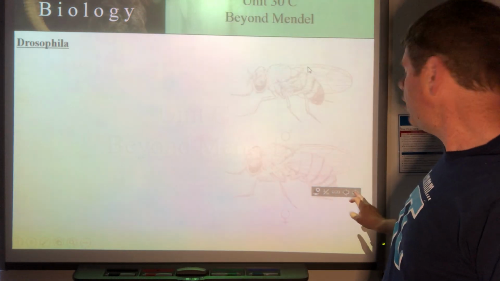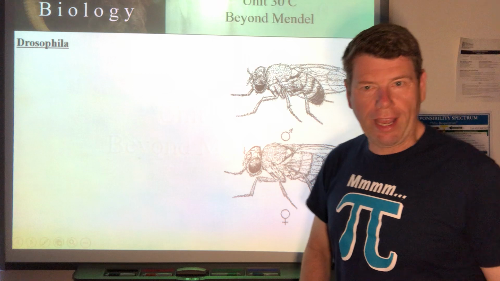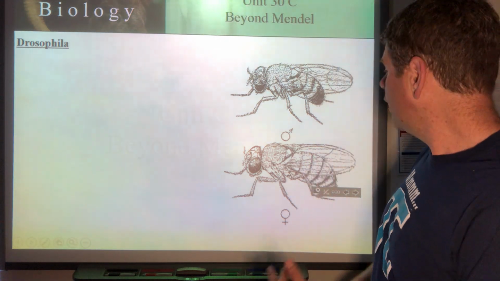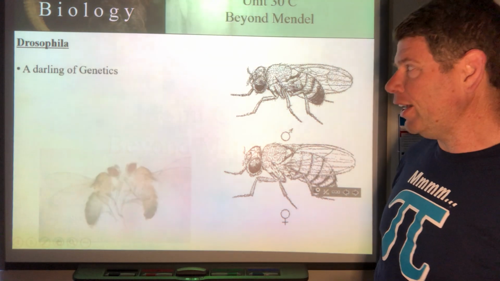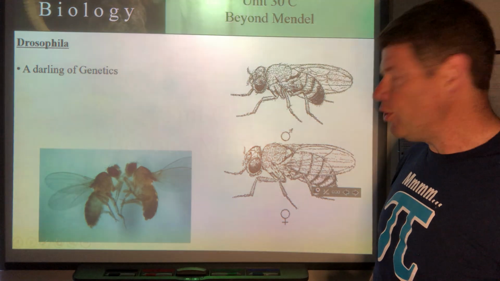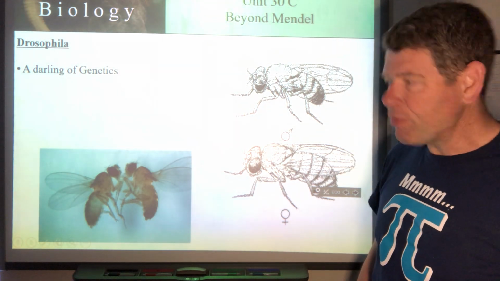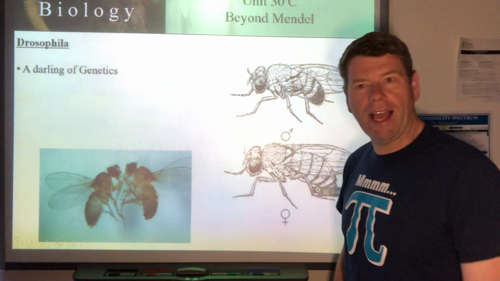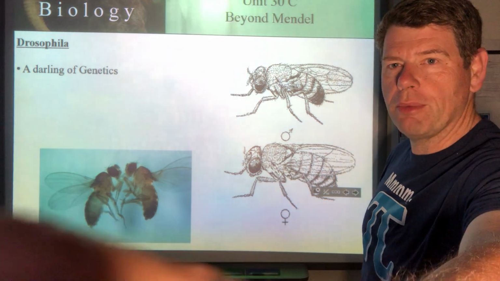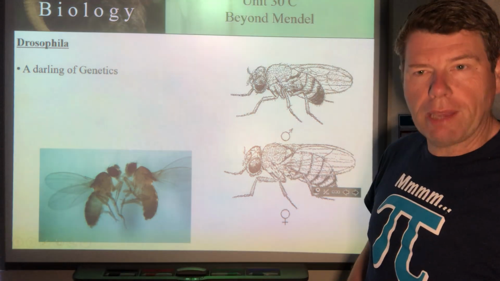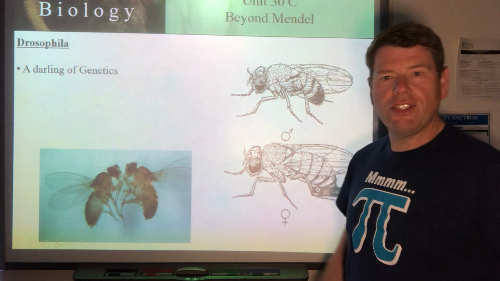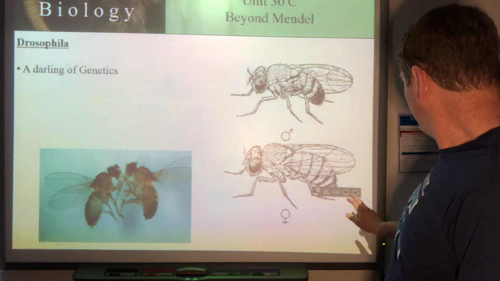In order to get started, we have to talk a little bit about fruit flies, otherwise known as Drosophila. They are, as it says, the darling of genetics. In university, I got to do lots of fruit fly genetic labs, and you always knew it was that time of year because you'd be walking through the biosci building and there would be fruit flies pretty much everywhere.